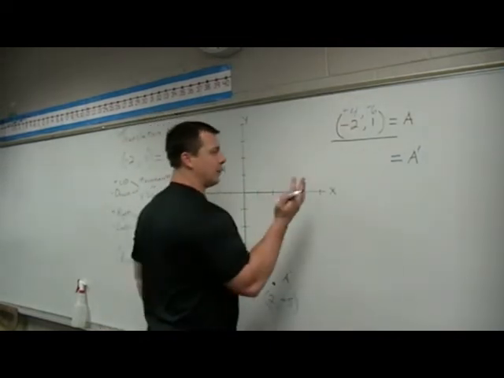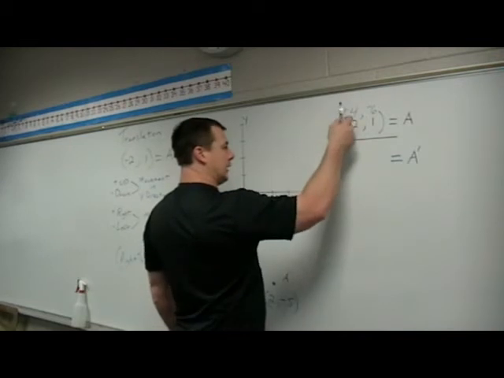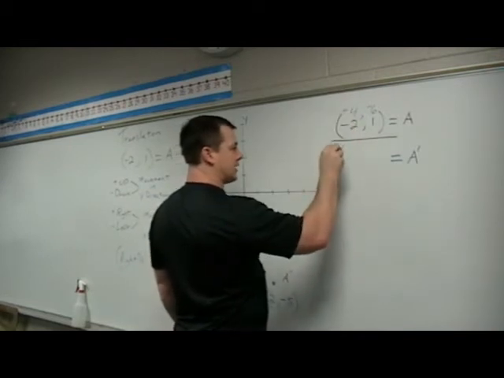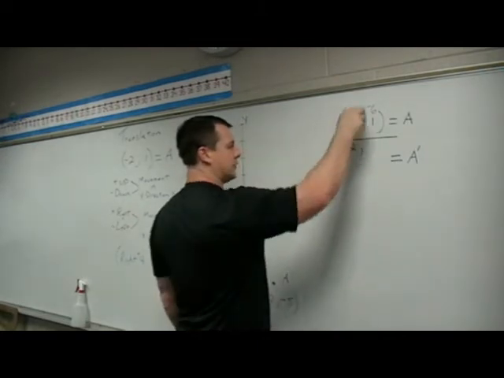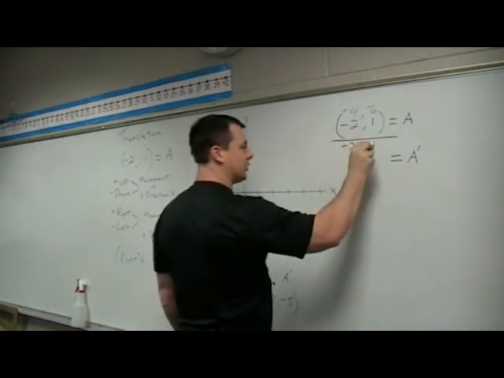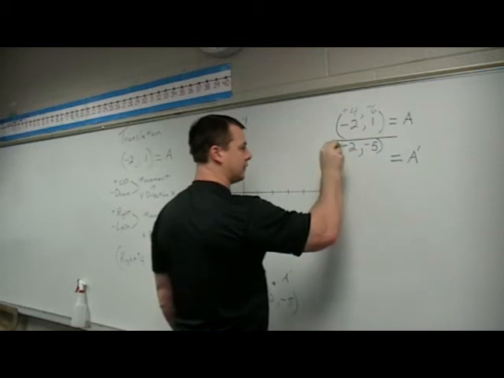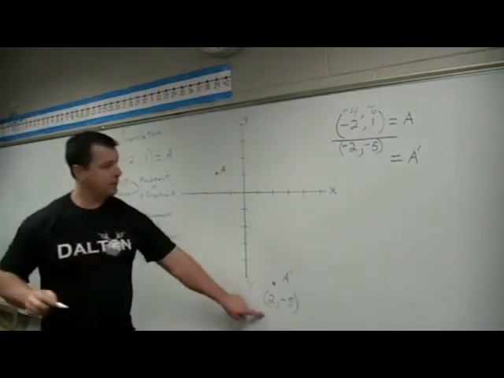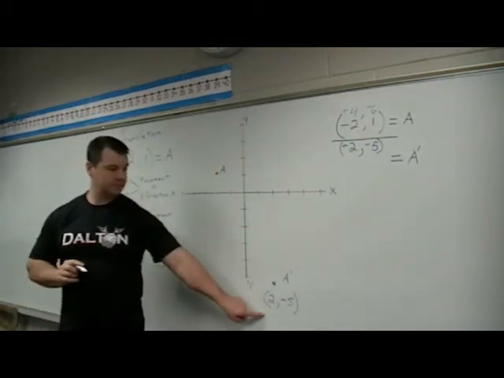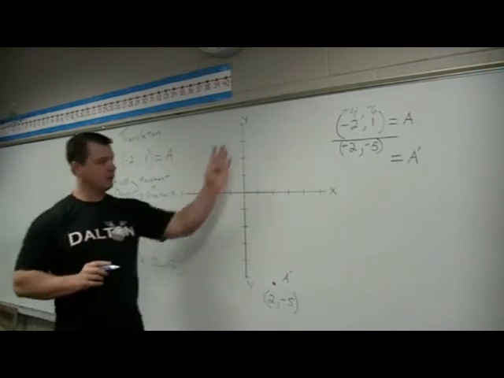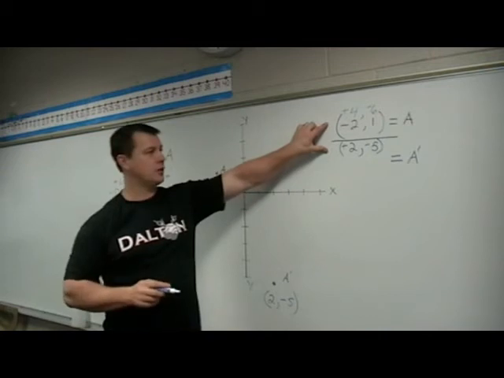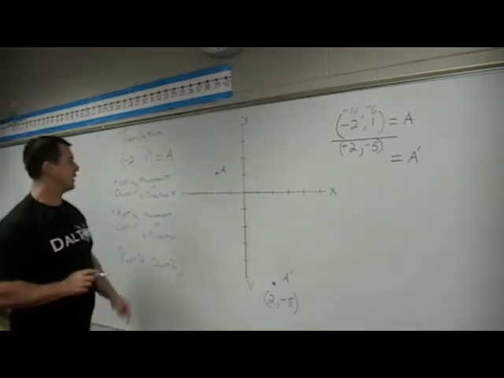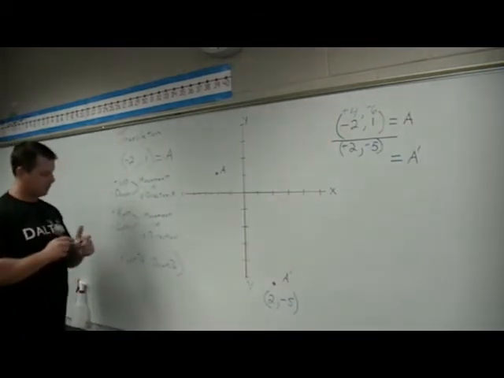So now we just add them up. Different signs, subtract, keep the sign of the larger number, so that's going to be +2. Different signs, subtract, keep the sign of the larger number, so it's going to be -5. And it ends up being the same point. Okay? So again, move it physically or do it mathematically. Your choice. And that's how you translate a point.